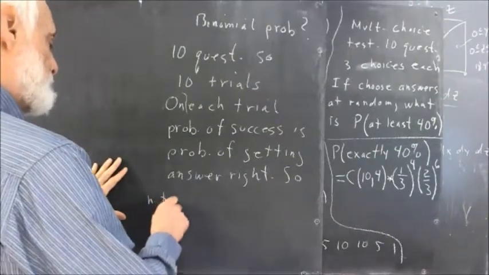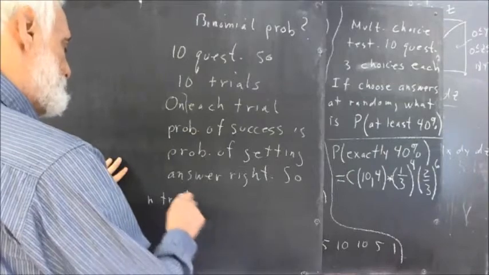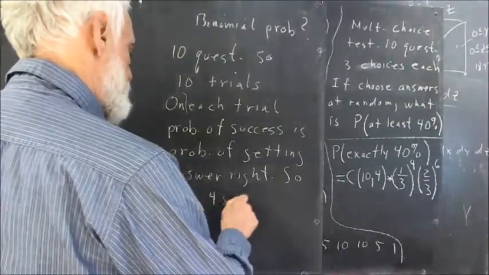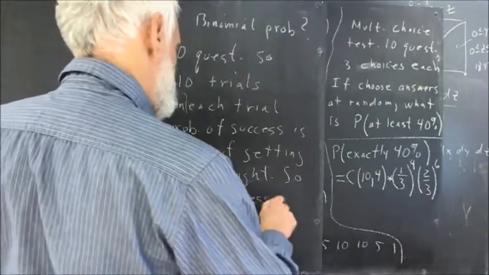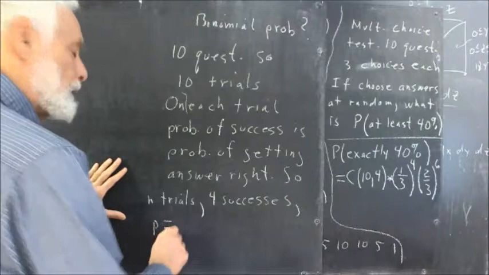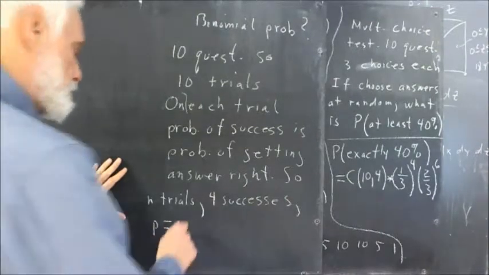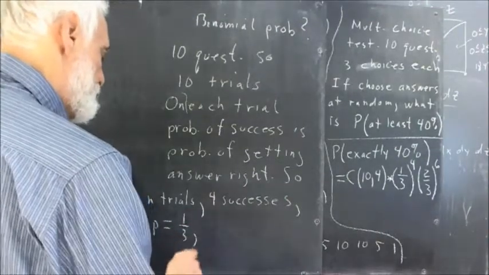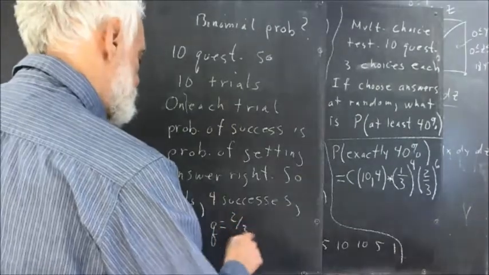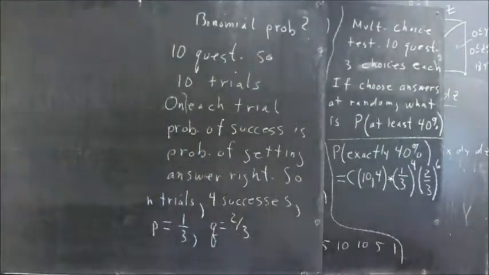And trials, for successes, the probability of a success is 1/3. Probability of a failure on each trial is 2/3.